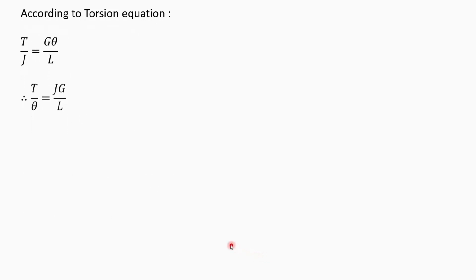Now according to the torsion equation, T upon J is equal to G theta over L. So transfer this theta over here and J on this side.